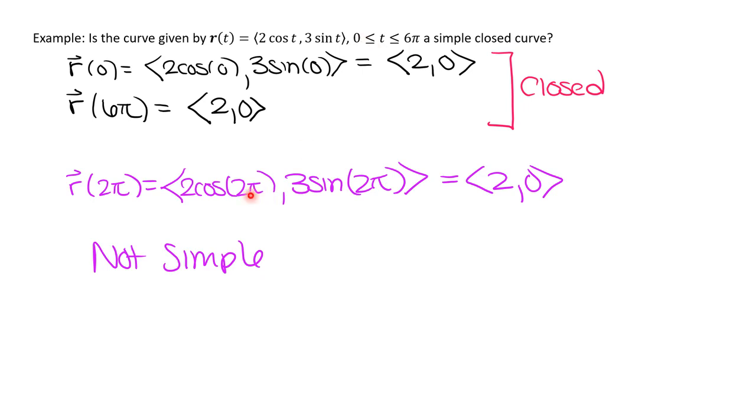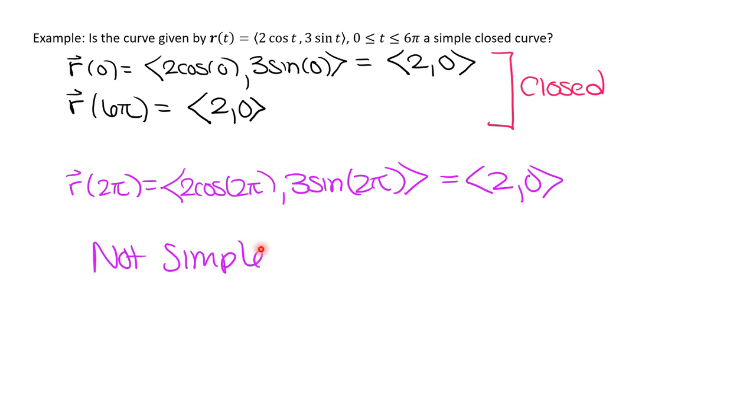In fact, if I plug 2 pi or even 4 pi in, I'm going to get the exact same value, because cosine of 2 pi is the same thing as cosine of 0 or cosine of 6 pi. Sine of 2 pi is the same thing as sine of 0 or sine of 6 pi. So if I plug 2 pi in, I get (2, 0).